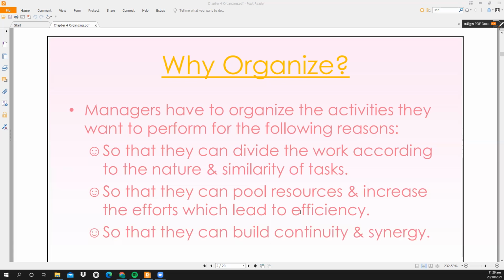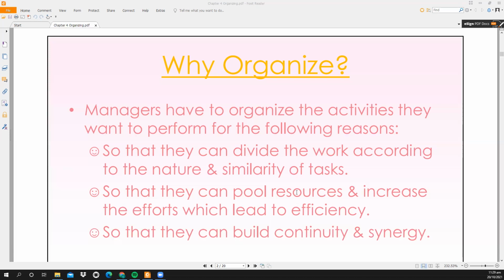And also for efficiency. Of course we have deadlines, so tasks should not only be met but also be on time and accurate. So we need to delegate, organize, or group the tasks according to their background, experience, and skills.